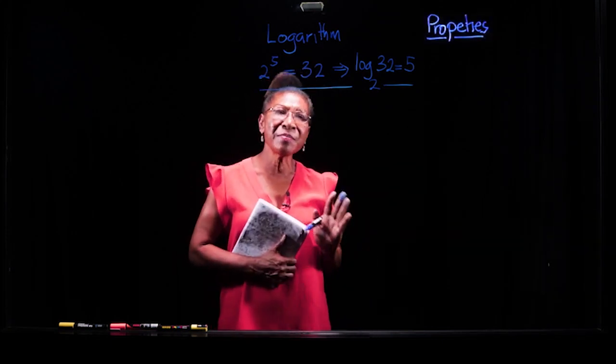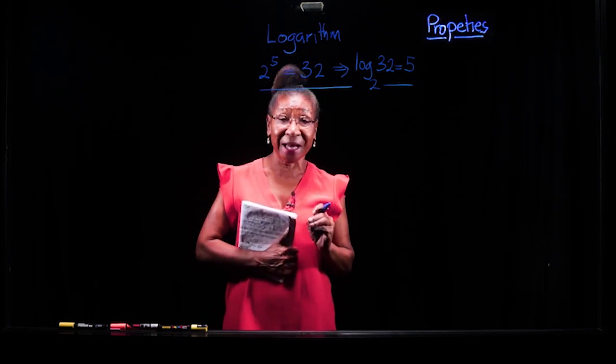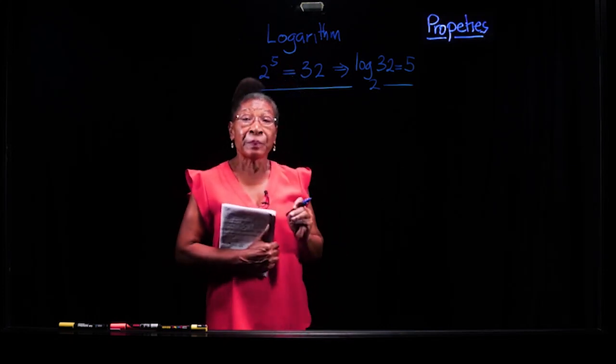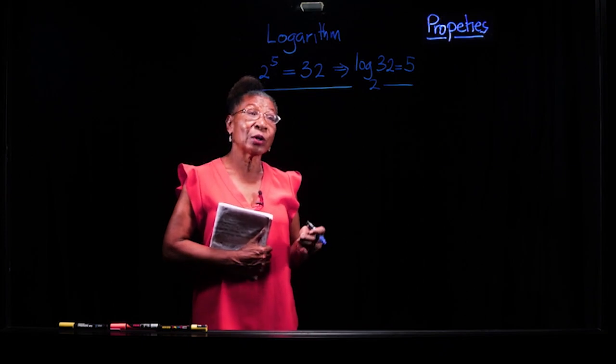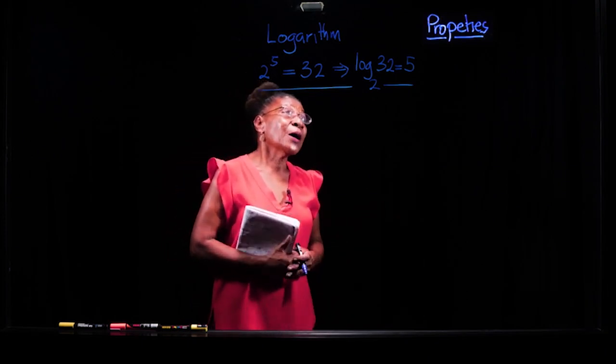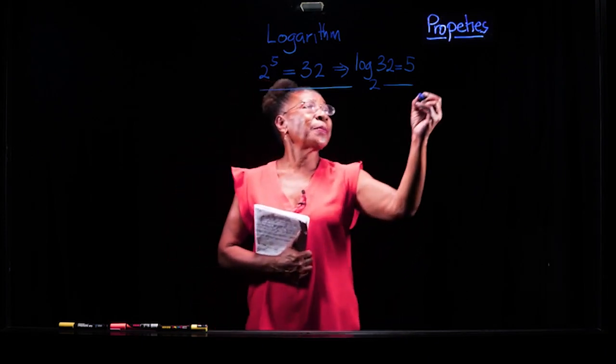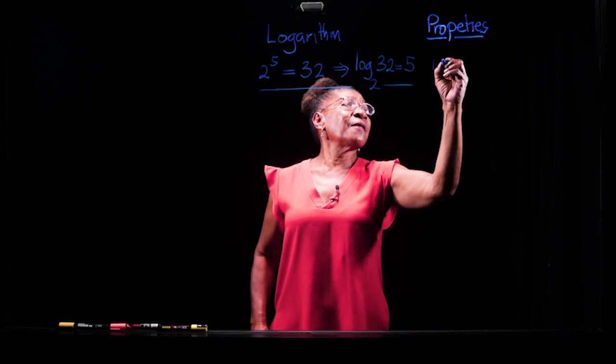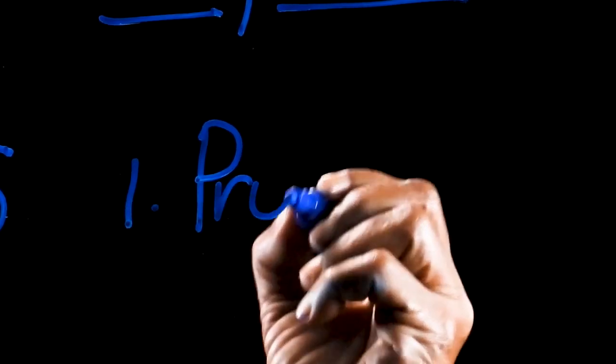There are 3 main properties we'd look at today, although there are more properties that we'd look at a little later on. We'd look at the first property of log. Property number 1 is known as the product.